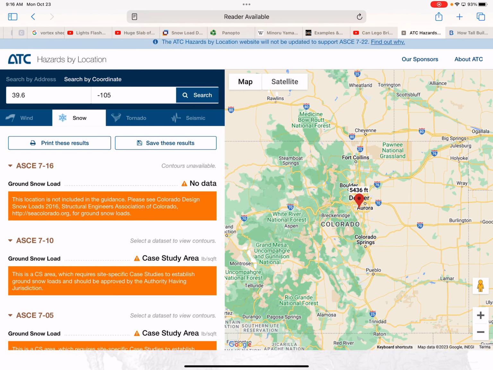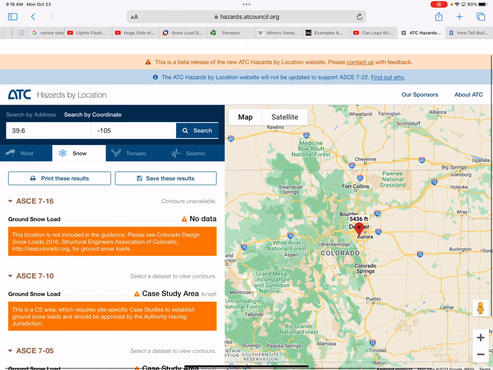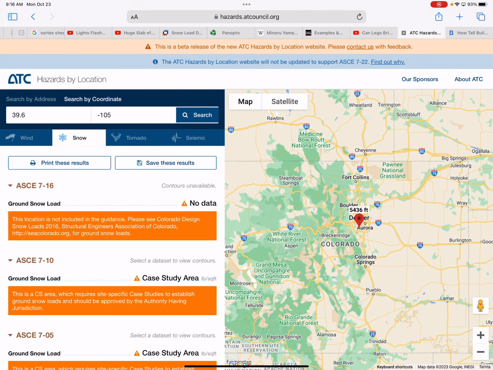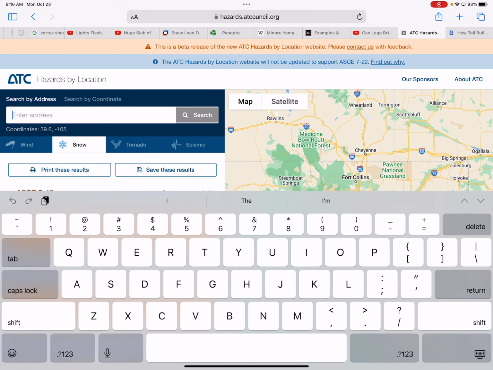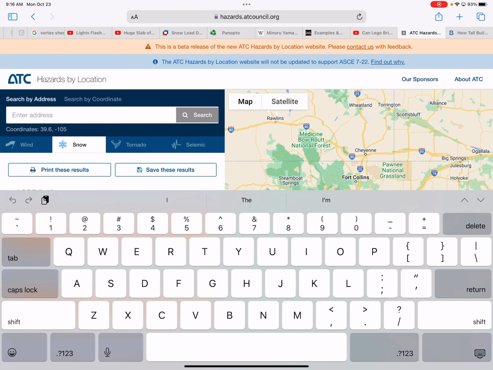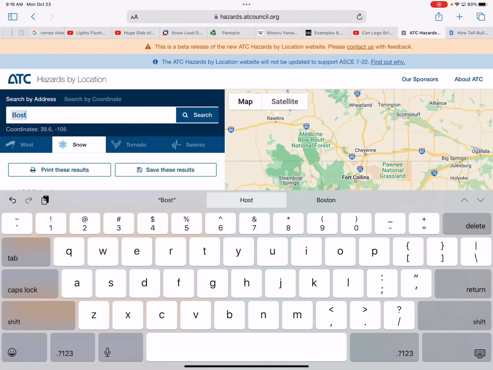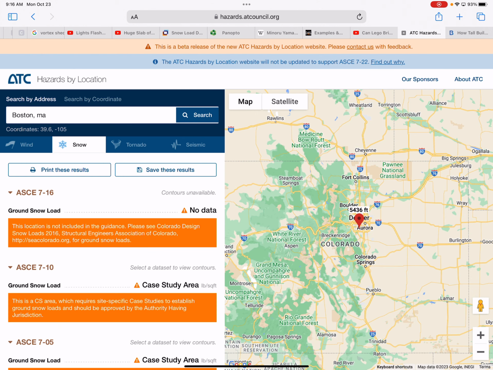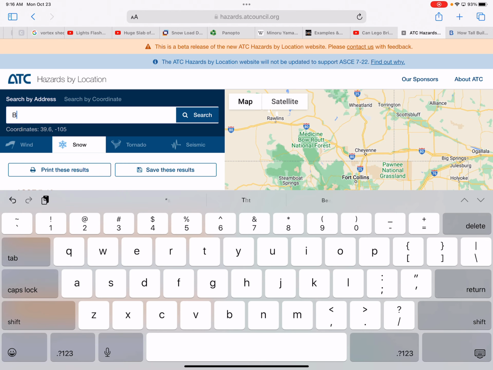So for snow loads, we have to put in our new information, and we don't have an exact coordinate, so I'm going to use search by address. And we also don't have an exact address, but you can be vague and just type in Boston, Massachusetts.